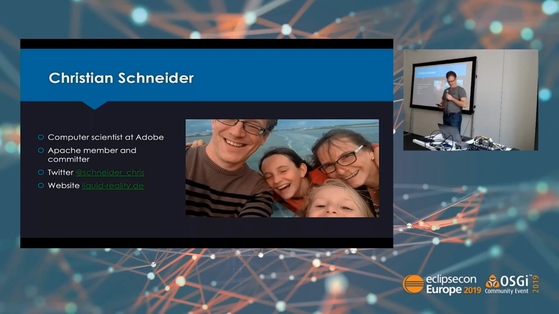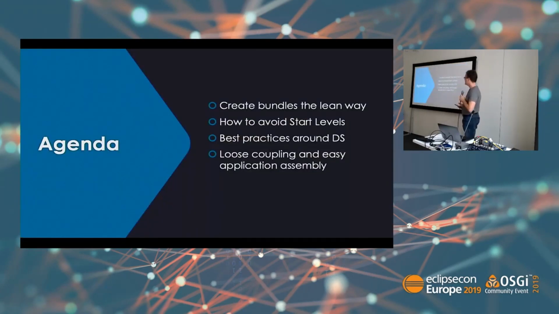So I would like to take you on a journey of how to create an application from the start of setting up the basic Maven modules, creating the bundles, and then into best practices of start levels and DS best practices, into the last step of going from your bundles to a full application.